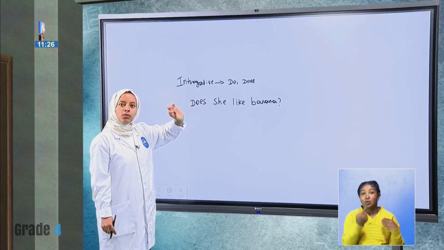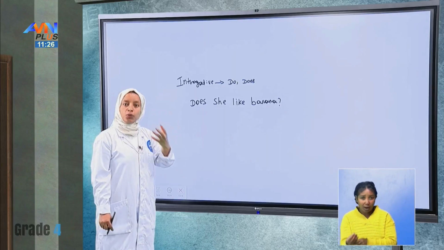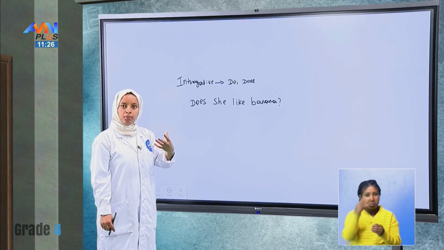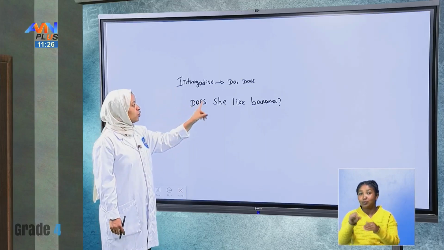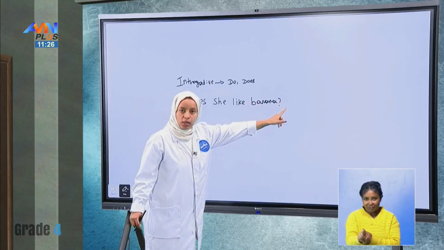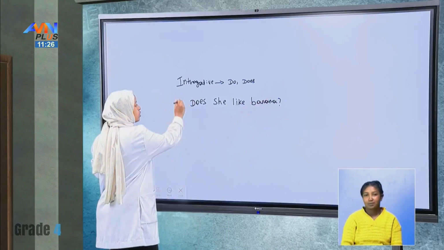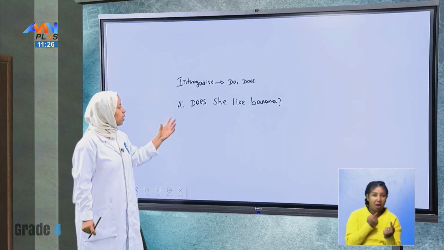When we say subject, we can use both noun and pronoun, like person name, so personal noun also. So, does she like banana? What can I use? Question mark. Student A, if like let us make it a dialogue. Student A asks what?